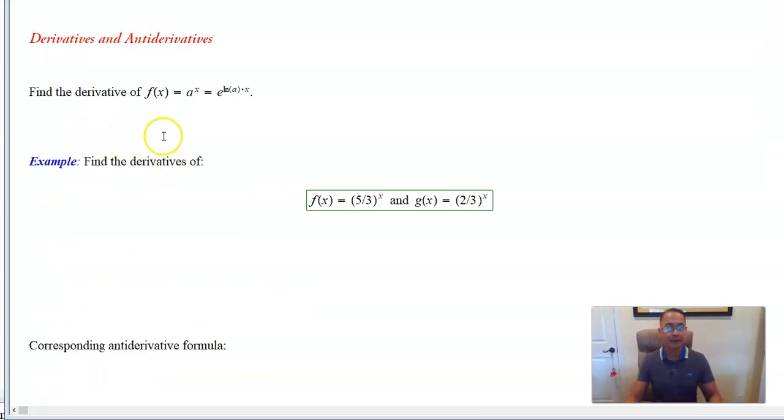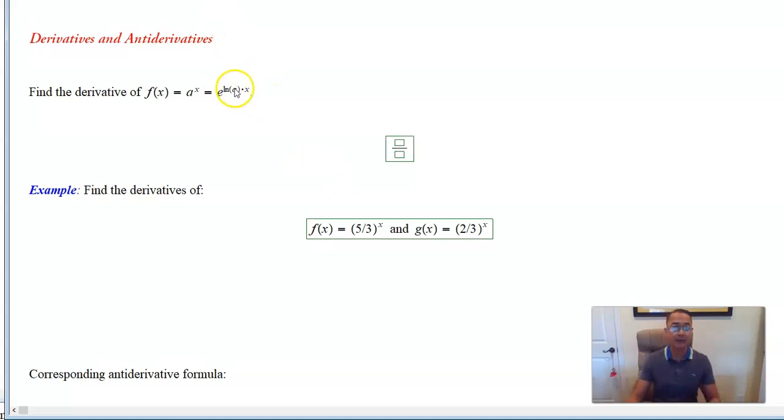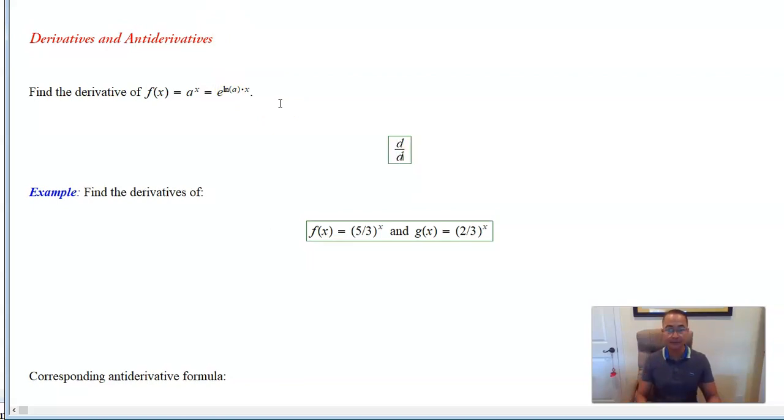Okay, time to do some calculus. We want to find the derivative of a to the x, our general exponential function. a to the x can be written in terms of e and the ln function. We said that the derivative of e to the x is simply e to the x. But we don't have e to the x, we have e to the something times x, so we apply the chain rule.